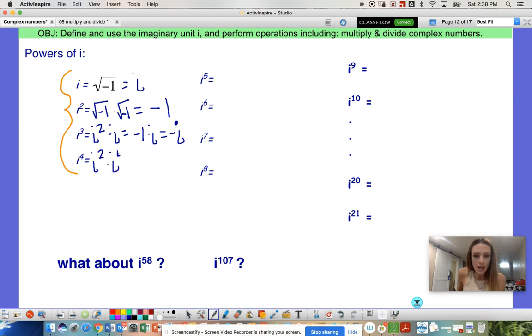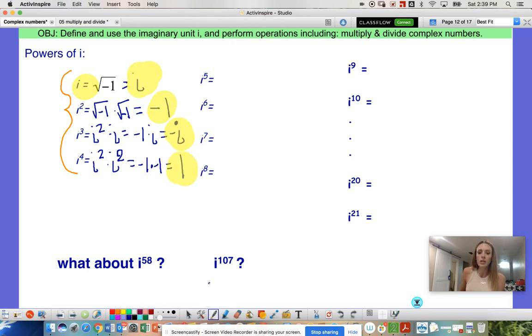That's negative 1 times negative 1, which is just 1. So these 4 are so important, and they are what you're going to want to memorize.